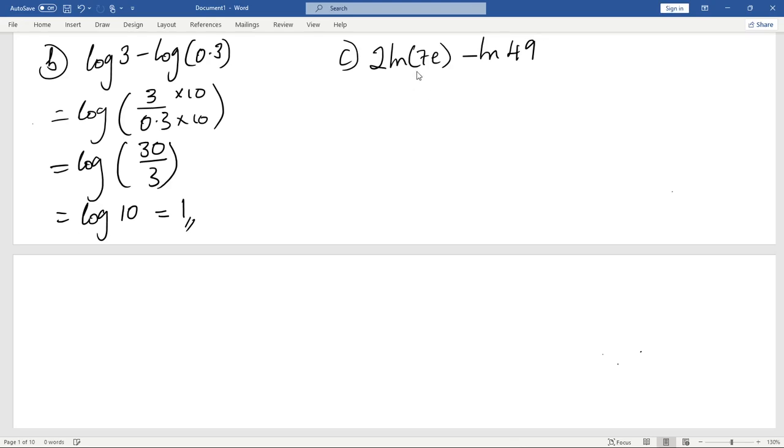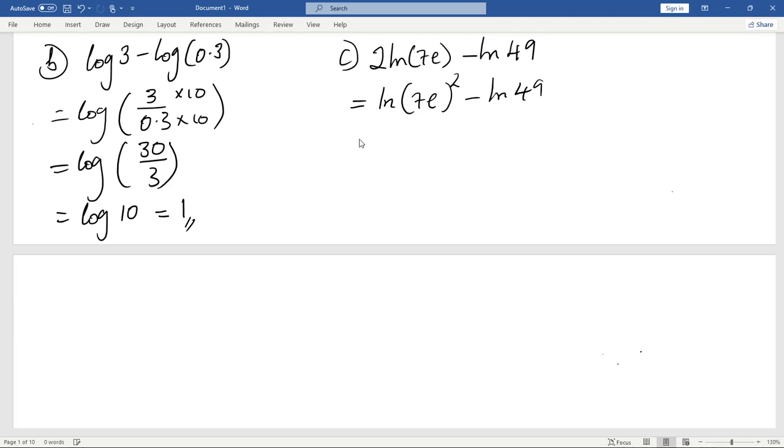Okay, so here we have to evaluate this as well. What we're simply going to do is take this power back up, so this is going to be ln, open brackets, 7e to the power 2, minus ln 49. This power 2 is going to affect everything that's inside the brackets.